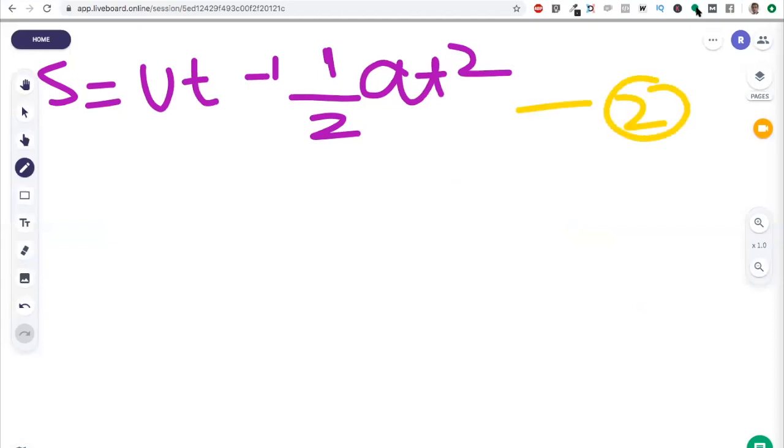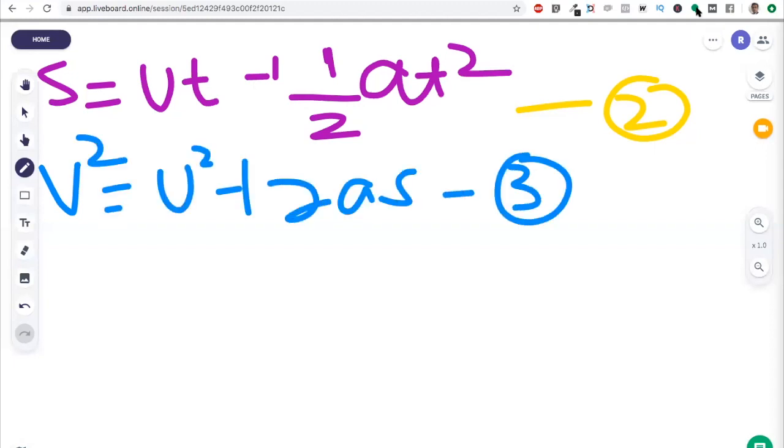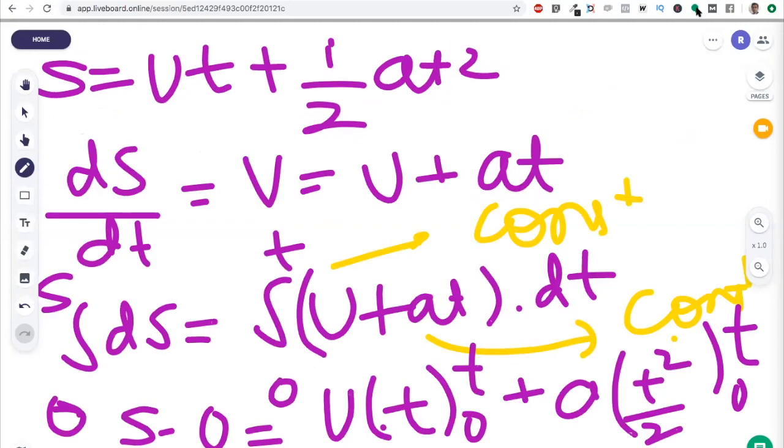Now we will be deriving the third equation, which is v square equal to u square plus 2as. How to derive this? Let's observe closely. In this equation, time is not there as a variable. So what we will do, from equation 1, we will find the value of time, and in equation 2 we will put that time, and hopefully we should get equation 3.